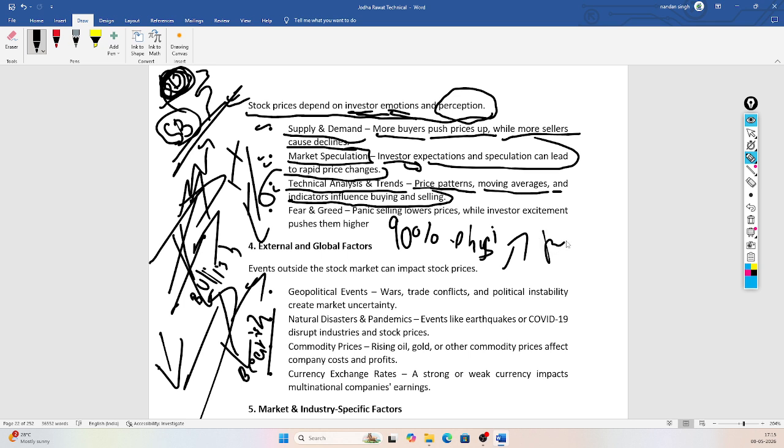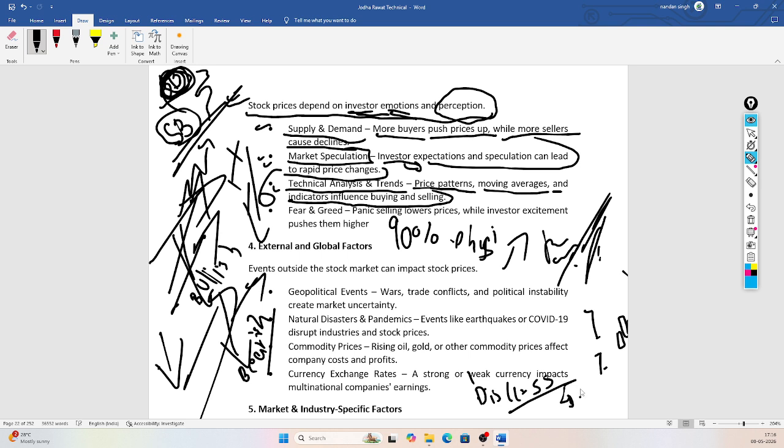There are many patterns, we can't count them. There are so many charts, like bar charts, Renko charts, and all that we have to discuss, but not in this chapter. I think so in chapter 4.